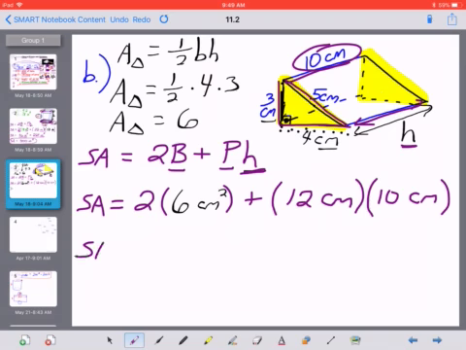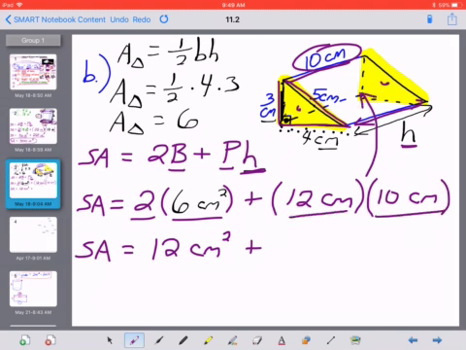And again, you could put all of this into your calculator in one step if you wanted. I'm going to go ahead and go step by step. The 2 times the 6 square centimeters is 12 square centimeters. That's the area of the two triangles put together. Plus, you've got 3 rectangles now in the middle of this figure that connect those two triangles.